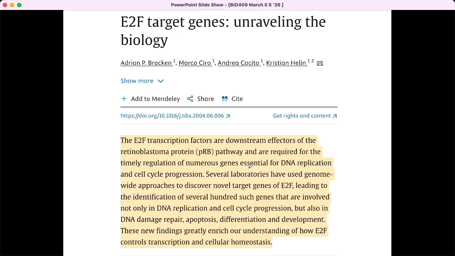Big chromosomes. And so hundreds of target genes involved not only in DNA replication and cell cycle progression, but also DNA damage repair. You probably make some mistakes when you copy all those chromosomes. Apoptosis, if you screw up, we should be careful. Differentiation, development, and so on.